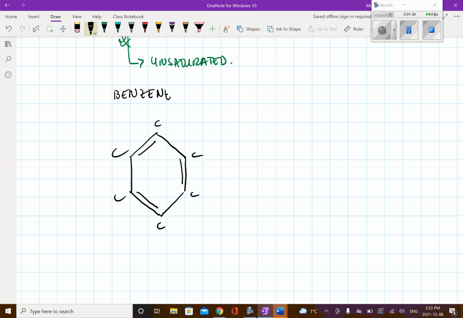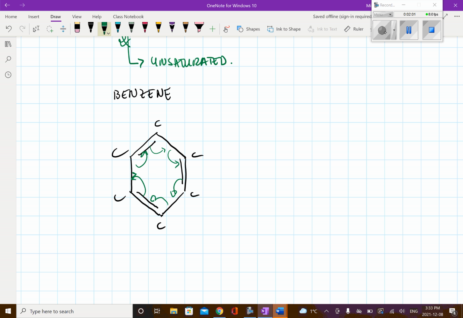However, what we have to keep in mind is that the evidence indicates that those bonds between carbons are equal in length and strength. So what is happening? The electrons that are forming those bonds are moving from single bond to double bond, and so on.